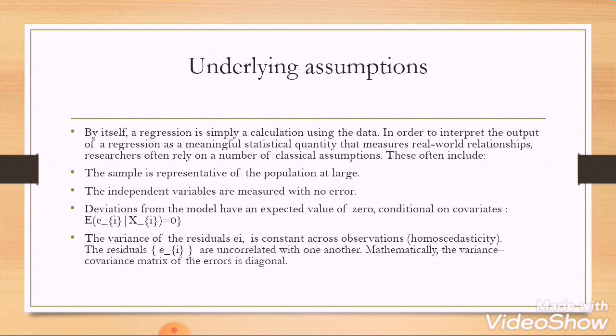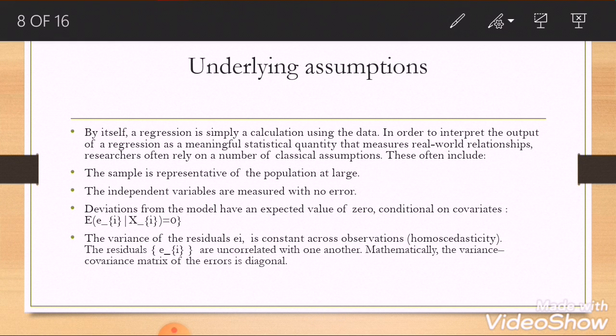And the last one is the variance of the residuals is constant across observations, meaning homoscedasticity. The residuals are uncorrelated with one another mathematically. The variance-covariance matrix of the error is diagonal. That's all from me.